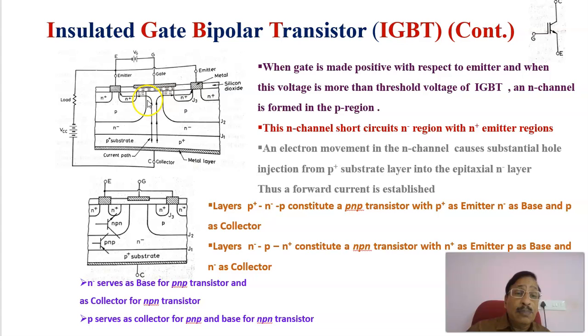Here in the P region, N is induced because of the positive voltage applied between the gate and emitter.